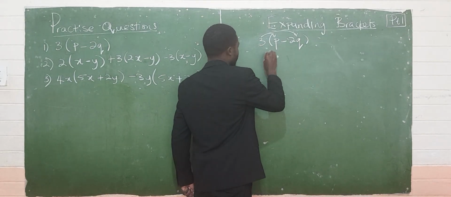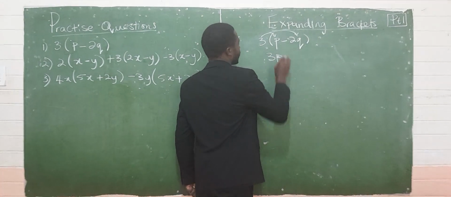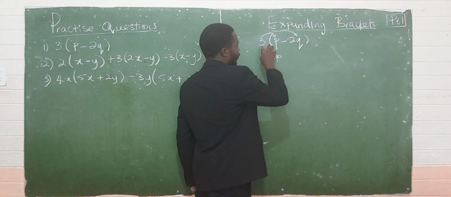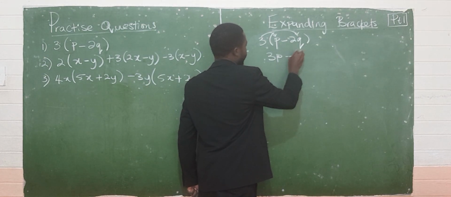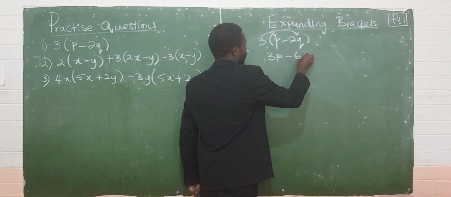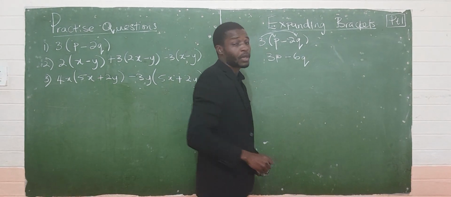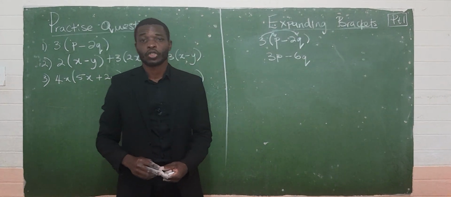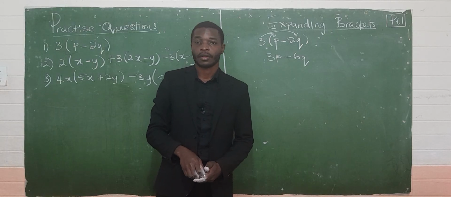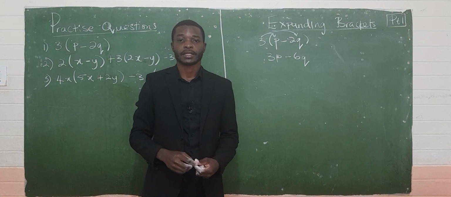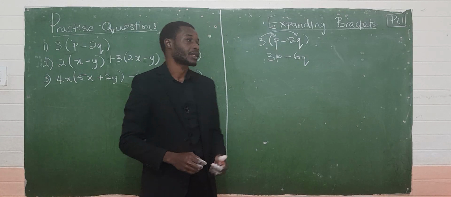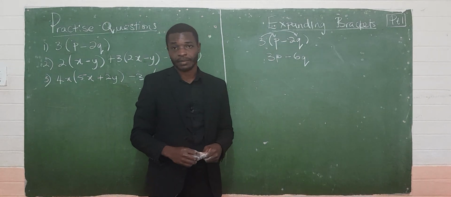3 times p gives us 3p, and 3 times negative 2q gives us negative 6q. We would have loved to simplify this any further. However, we can't simplify it any further because these are not like terms.